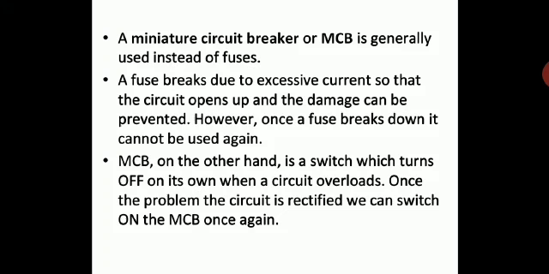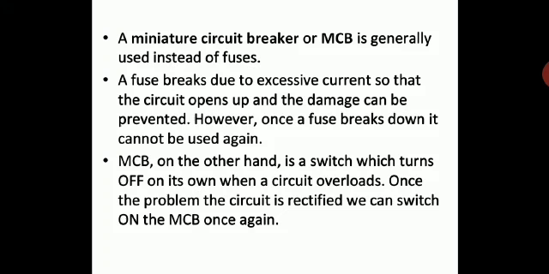It will break the circuit. It will sense the excess current, and immediately it will open the circuit. That means it will not allow the further electric current to flow. It will go off on its own. Hence, once it is rectified, all the circuit correction is done, then you can put it on again.